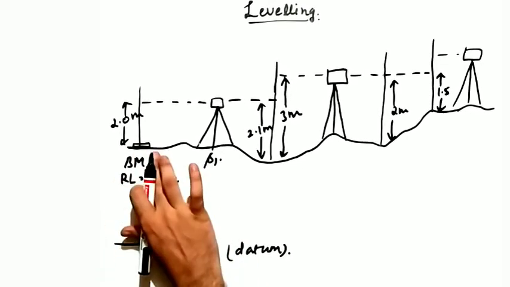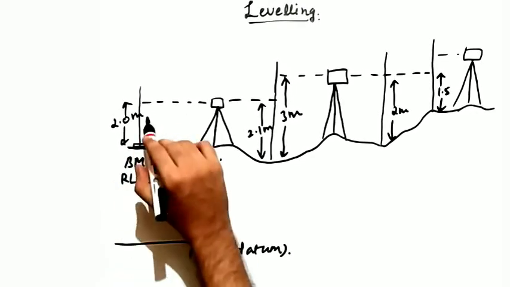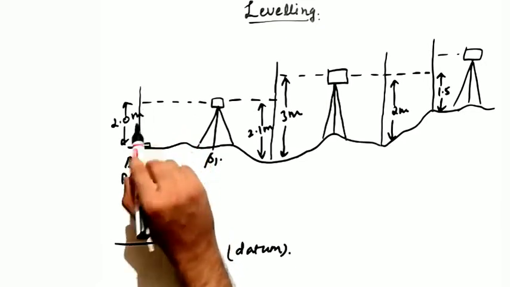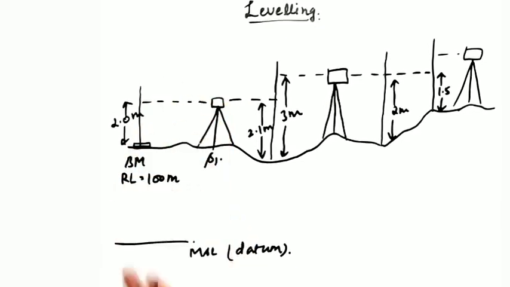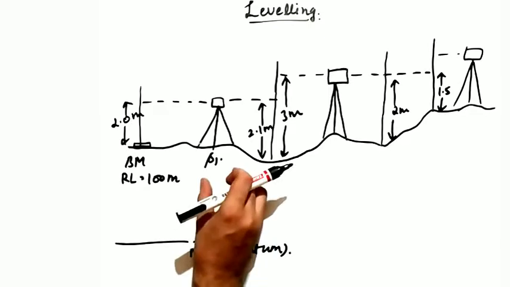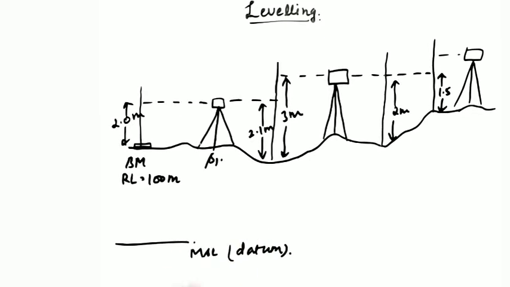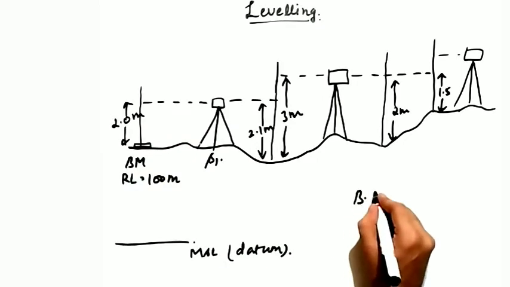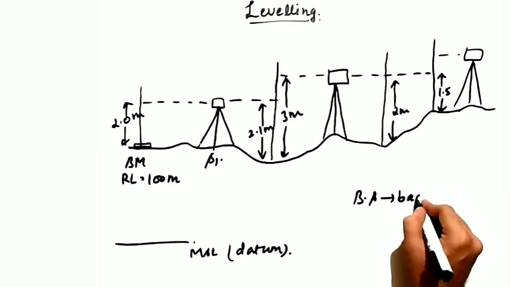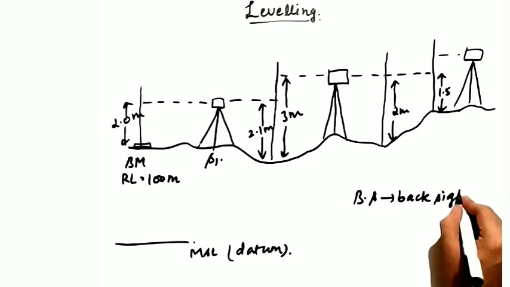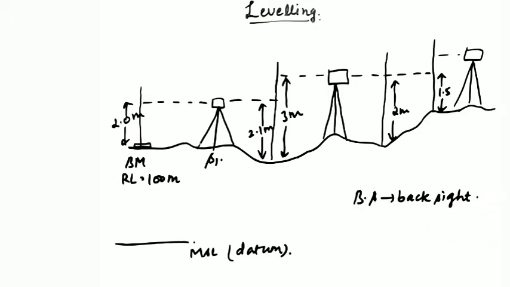We will start from this particular station. So I read that on the auto level, this staff has a reading of 2 meters when I fixed my station at S1. Now this particular reading of 2 meters will be called the BS reading. BS means backsight reading. Backsight reading is the first reading which we take using an auto level when we set up our station.